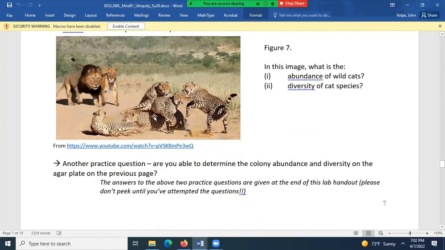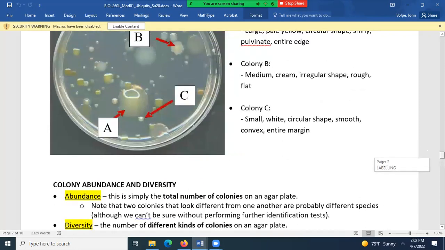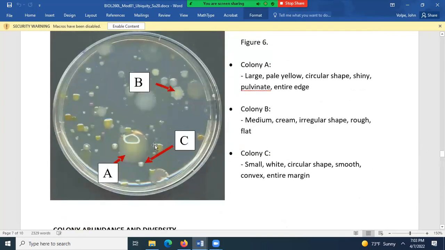On something like this, I would expect exact numbers, but when I'm giving you a plate like that, I don't expect exact numbers. So you can estimate the number of colonies here. Somebody want to guess? I'd say there's about 100 different colonies there.